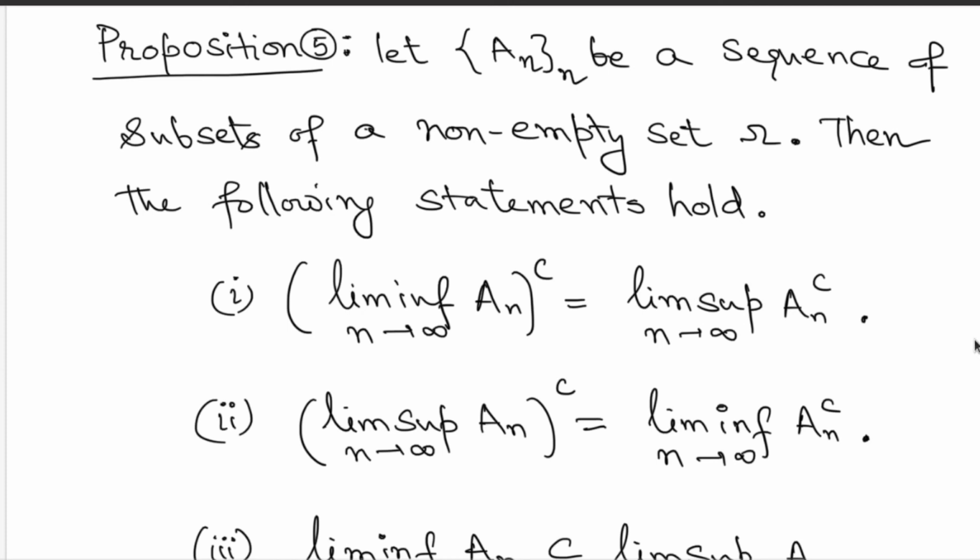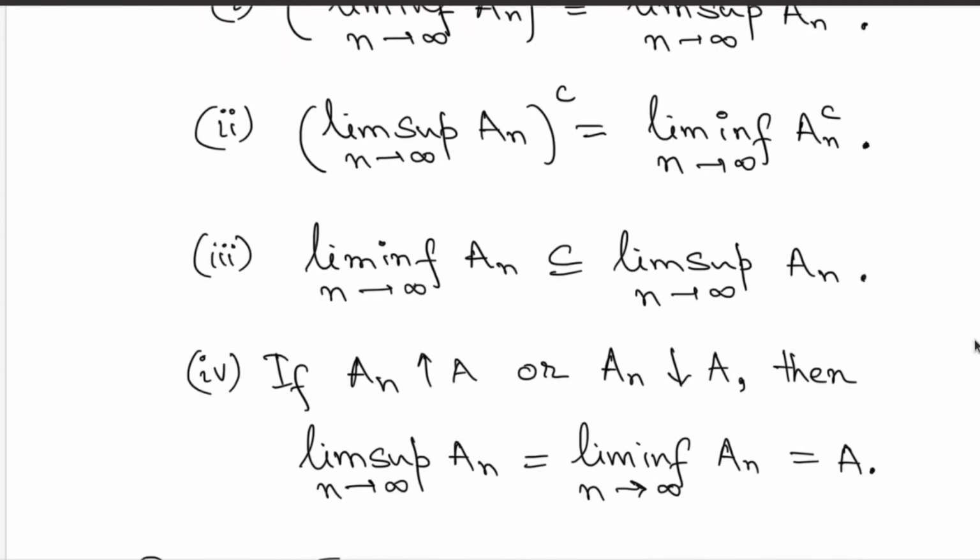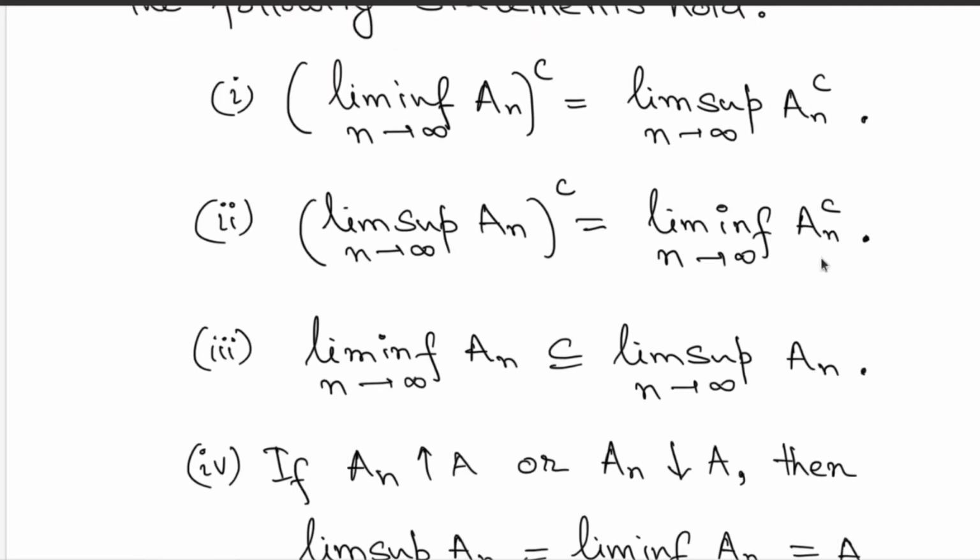So that's the first property. The second property says if you look at limit superior and look at the complement, that can be written as the limit inferior of the complements of the sets. So again, these properties are simply involving complementation, intersections and unions, using standard set operations properties.